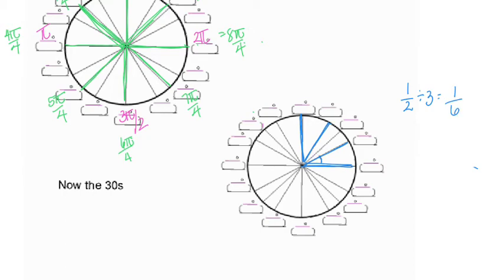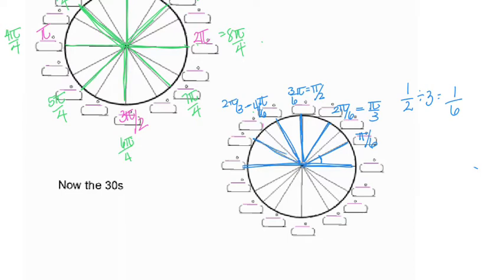So when I think about the 30-degree angle, that's 1/6 of my pi. Then this one here would be 2/6, which we call pi over 3, or 1/3 pi. Here will be 3/6 pi, which is the same as pi over 2. Then this one is 4/6 pi, which is the same as 2 pi over 3.